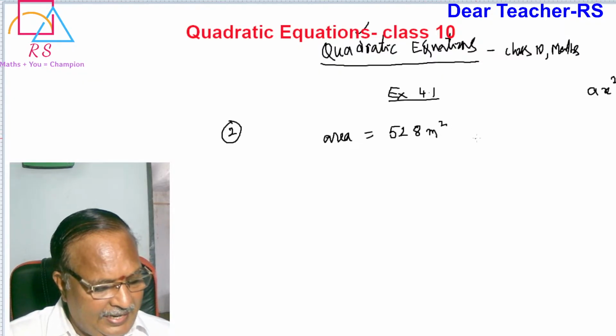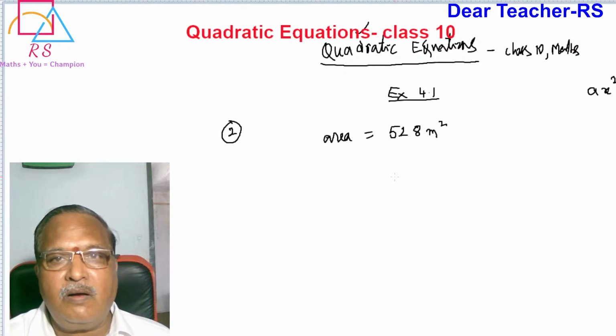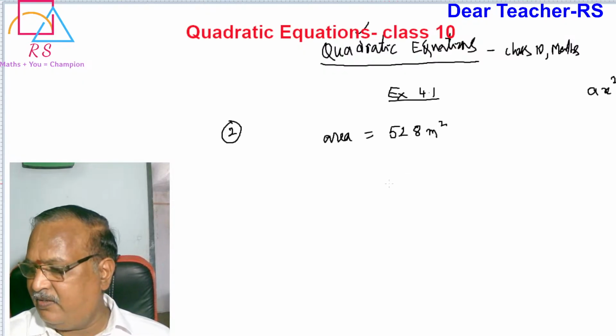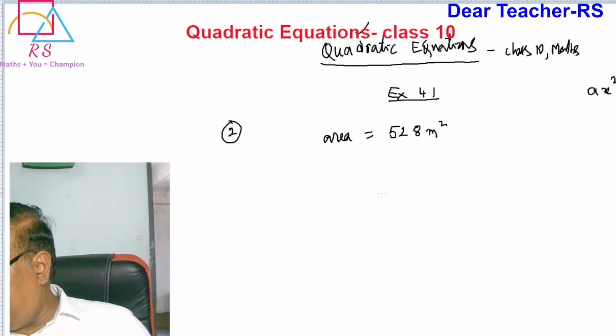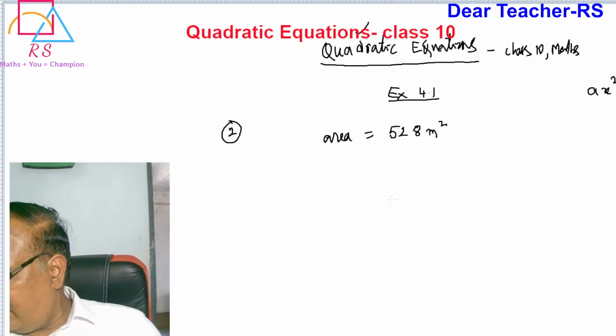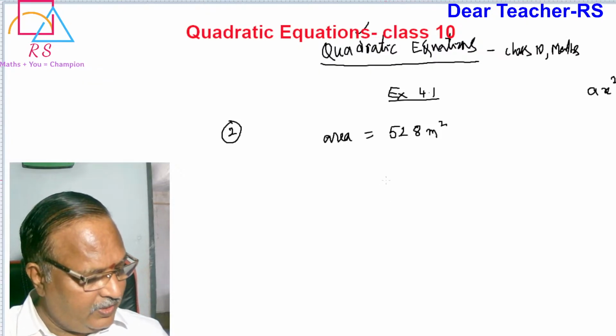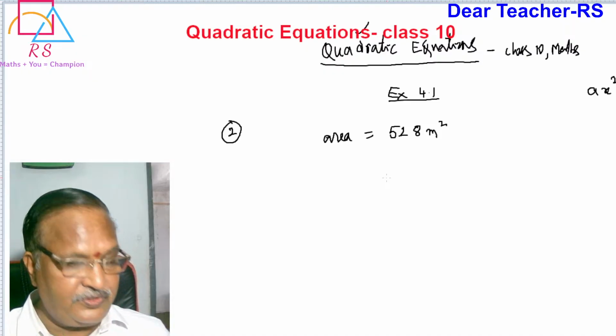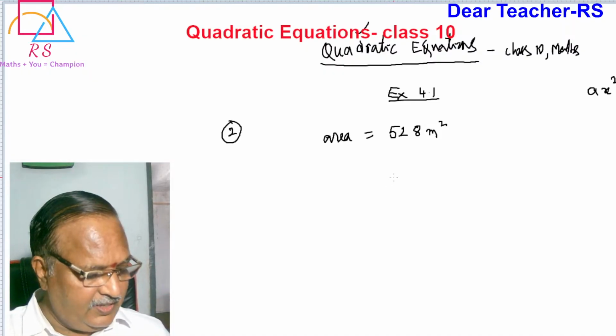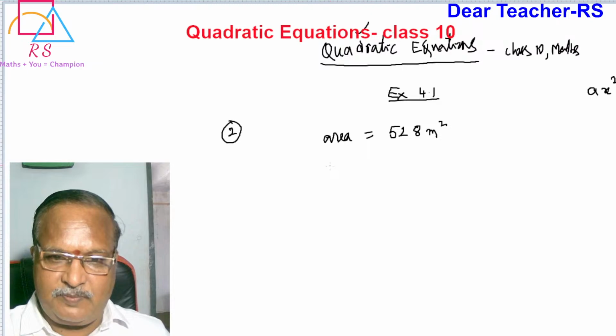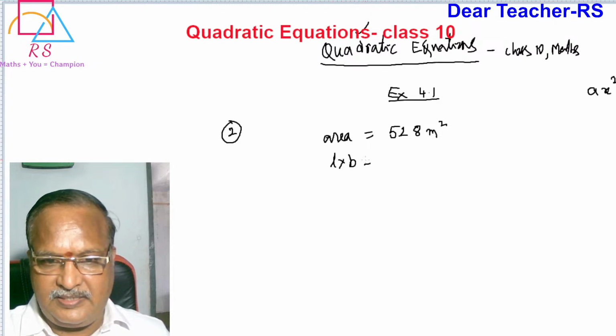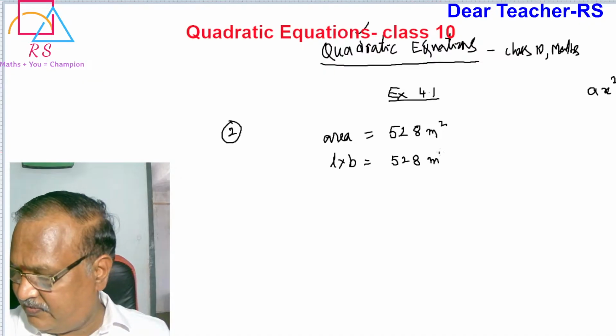Okay, the length of the plot. All these word problems you have to read 2-3 times, and then put it in the quadratic form. So area is given, that means length into breadth, because it is a rectangular plot, it is 528 meters square.